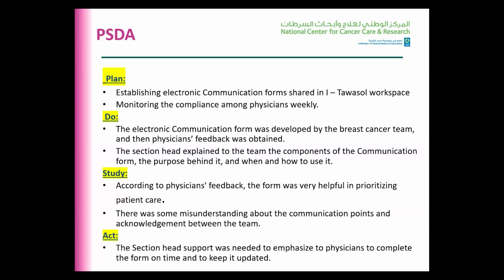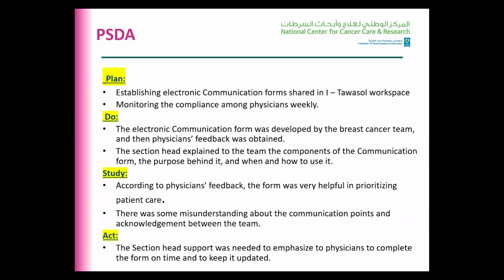In the do phase, the electronic communication form was developed by the breast cancer team, and then physicians' feedback was obtained. The section head explained to the team the components of the communication, the purpose behind it, and when and how to use it.